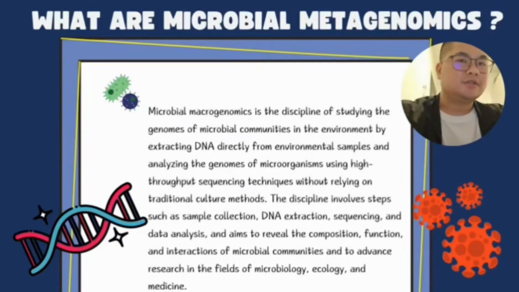Without relying on traditional culture methods, the discipline involves steps such as sample collection, DNA extraction, sequencing, and data analysis, aiming to reveal the composition, function, and interactions of microbial communities, and to advance research in the fields of microbiology, ecology, and medicine. Thank you.